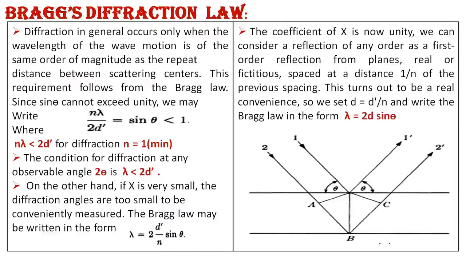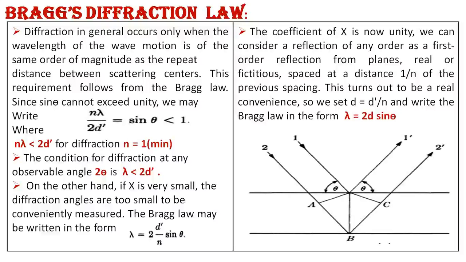Now, next one is Bragg's diffraction law. Diffraction generally occurs when the wavelength of the wave motion is of the same order of magnitude as the repeat distance between the scattering centers. This requirement follows from Bragg's law.